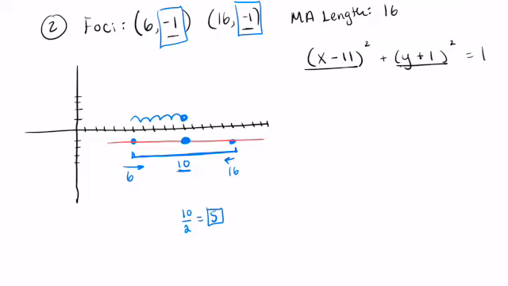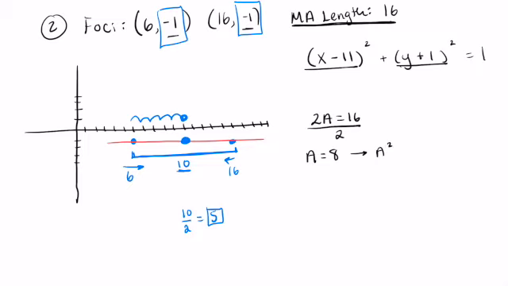Now that I have these, I can find my a squared and my b squared terms. Remember, the length of your major axis is always found by doing 2 times a. If 2a equals 16, I can divide 16 by 2, and that gives me a equals 8. Now, what does a squared equal?